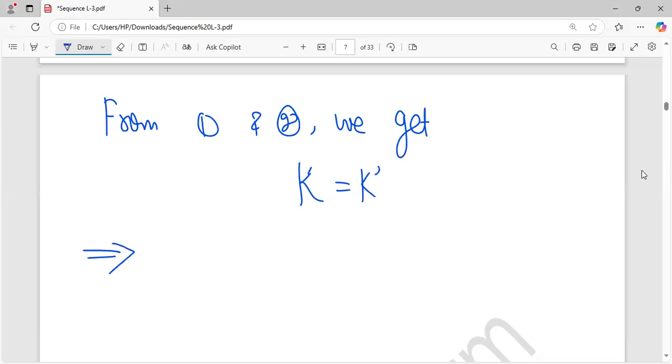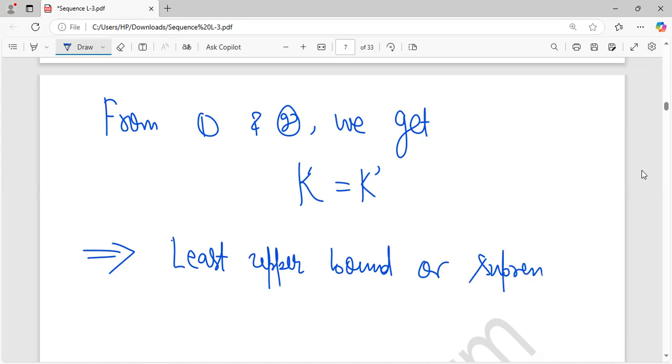So this implies the least upper bound, or supremum, is always unique.